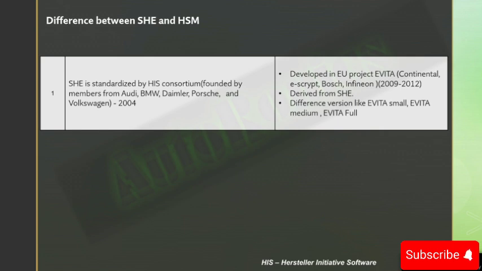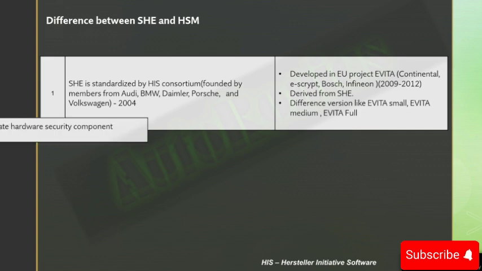They called the project EVITA, which stands for E-safety Vehicle Intrusion Protected Applications, where the major objective of the EVITA project is to design, verify, and prototype an architecture for automotive onboard networks, where security relevant components are protected against tampering and sensitive data are protected for better vehicular communication. And HSM is derived from the SHE specification, and it has different versions like EVITA Small, EVITA Medium, and EVITA Full.